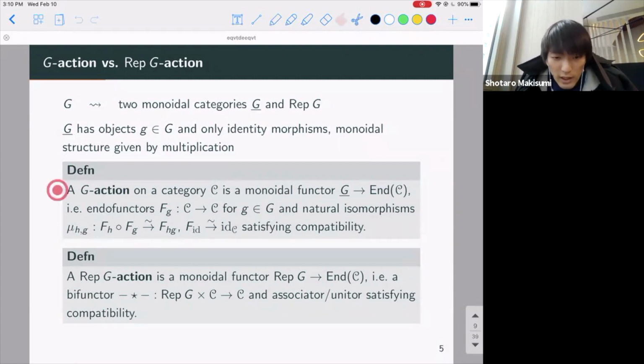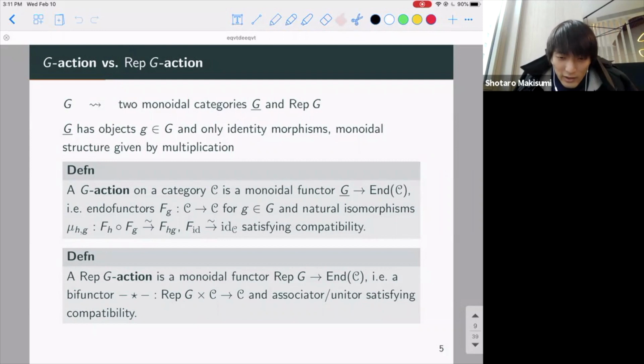Let me define a G action on a category to just be a monoidal functor from underlying G to endomorphisms of C. So more concretely, that's saying to any object in underlying G, meaning any element, little g, I have an endofunctor f_g of C. And then I give natural isomorphisms and compatibility.